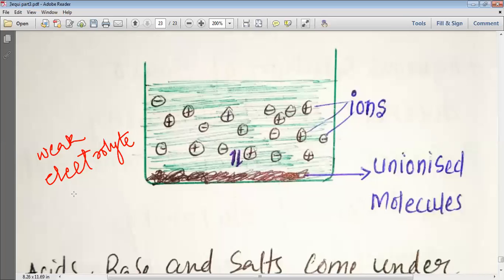Now what happens, being a weak electrolyte, it produces some ions, a positive ion and a negative ion, and we will also have some unionized molecules remaining in the solution.